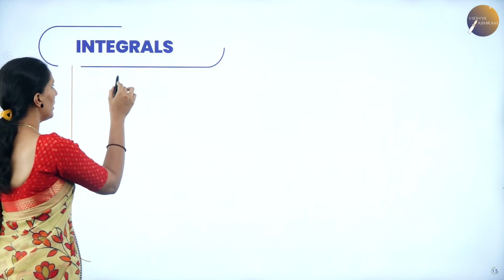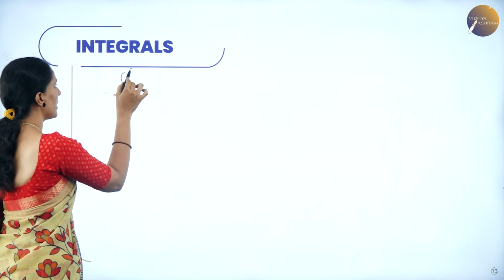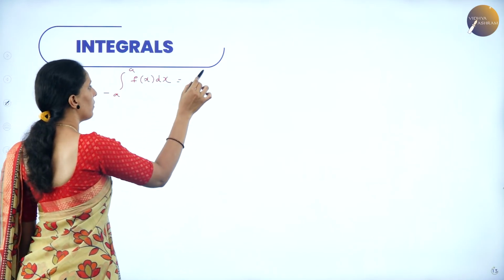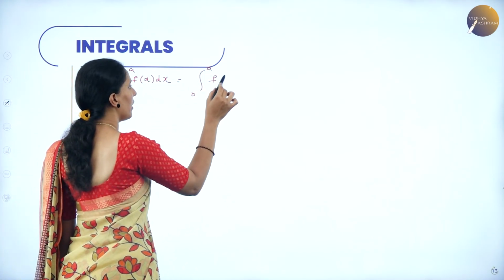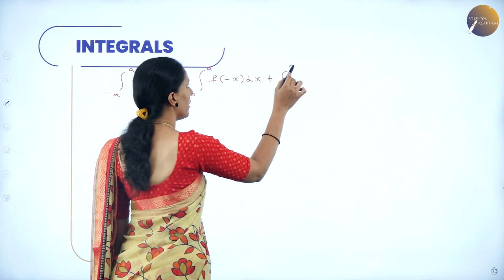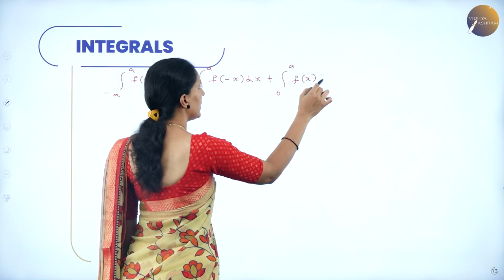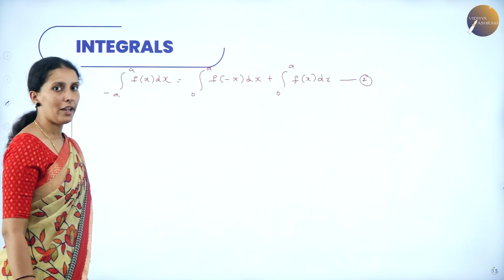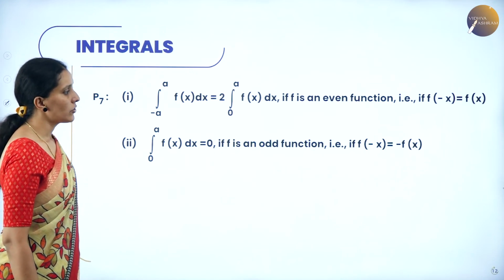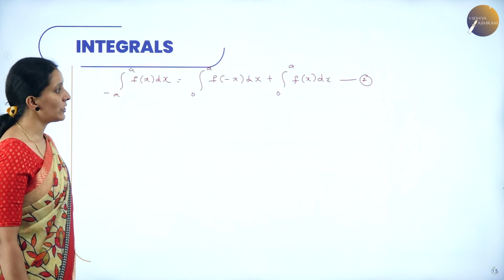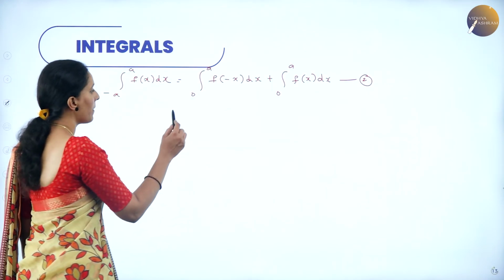Now let me take equation 2 again. We have minus a to a f of x dx is equal to 0 to a f of minus x dx plus 0 to a f of x dx. This we have taken as equation 2. Now again from the property, if f of minus x is equal to minus f of x, let me change f of minus x as minus f of x.